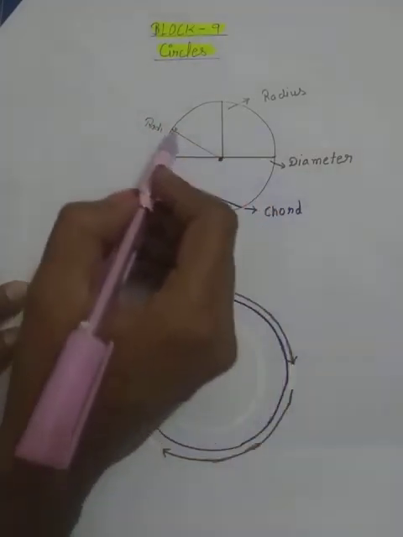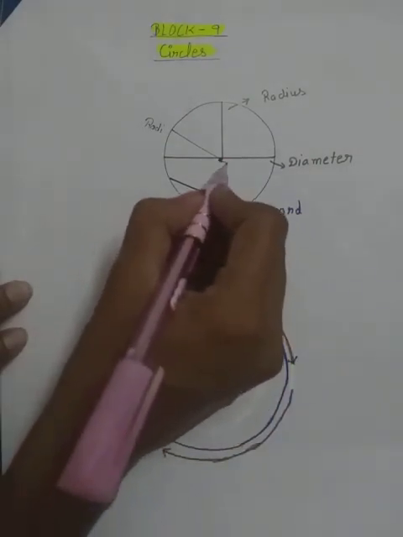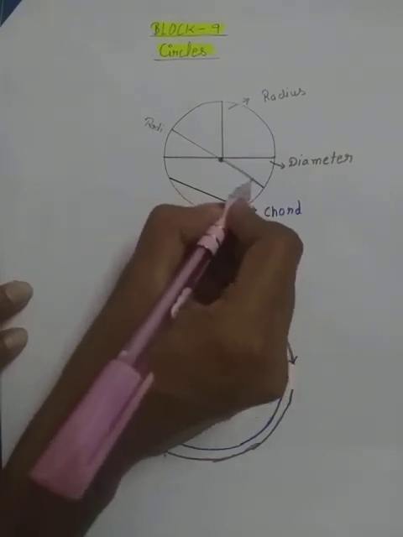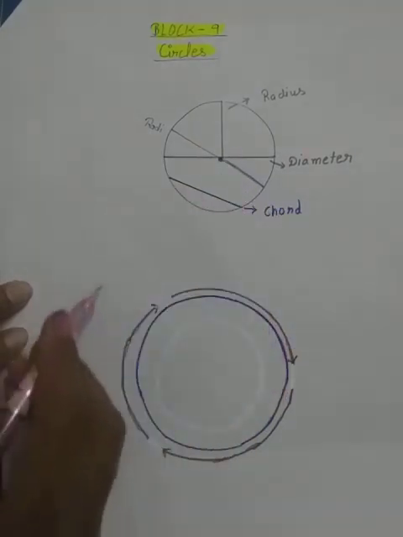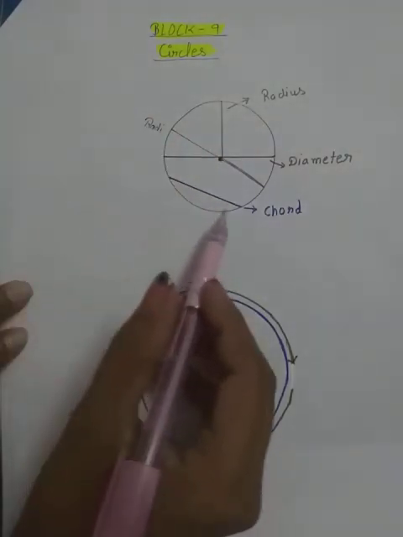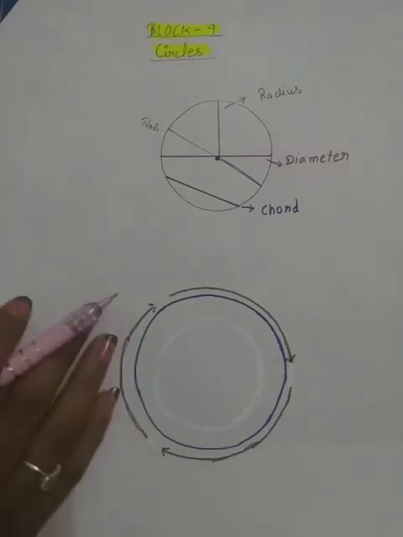And from any side, if we draw a radius, it will be equal to another radius. That means all radii of our circle will always be the same.